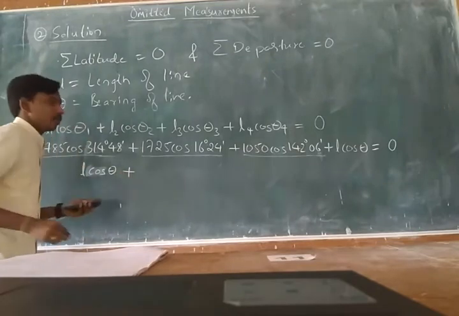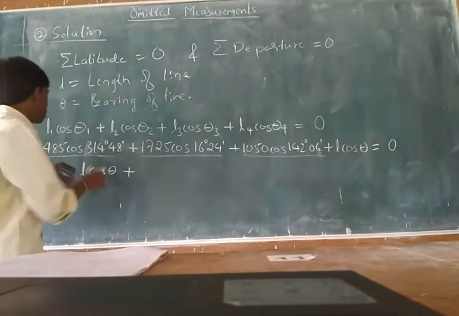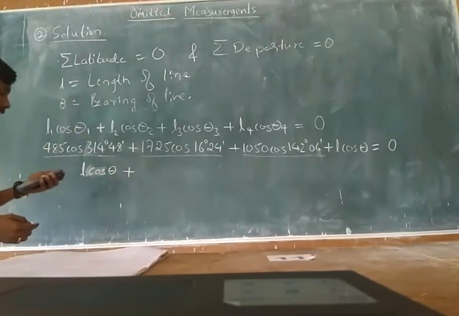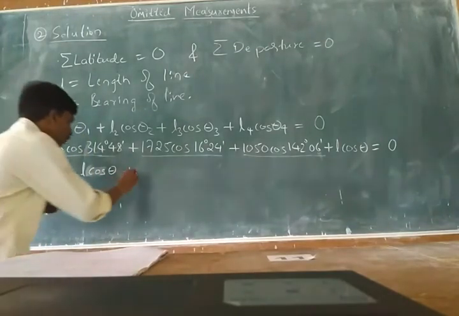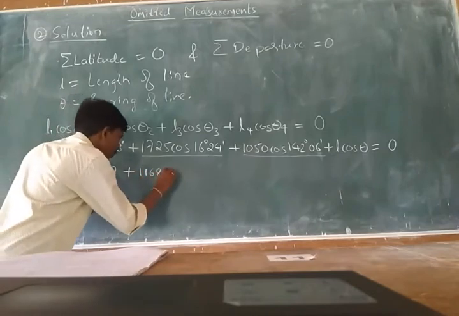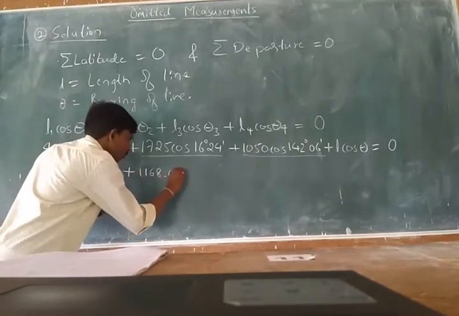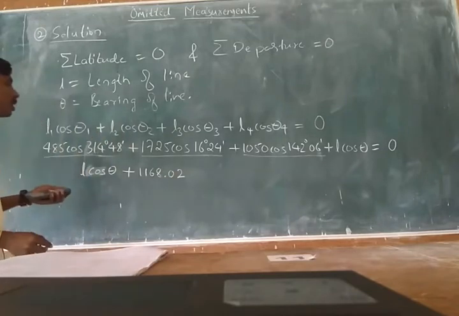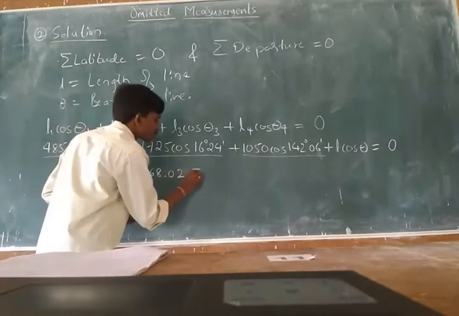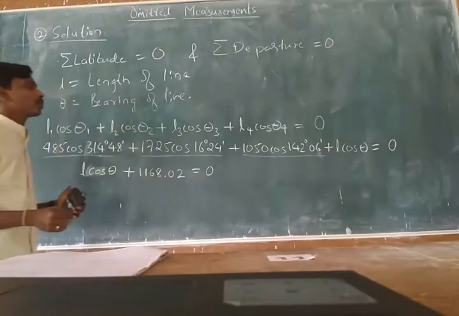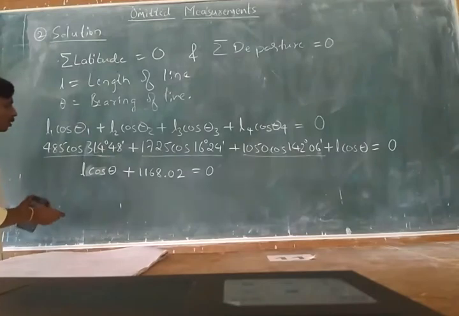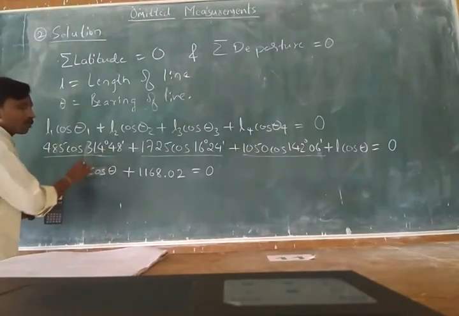I am getting the same value in positive nature because all the three are positive. So now plus 1168.02. So this is the L cos theta. This is the summation of latitudes of AB, BC and CD. Now this is the latitude of DA.